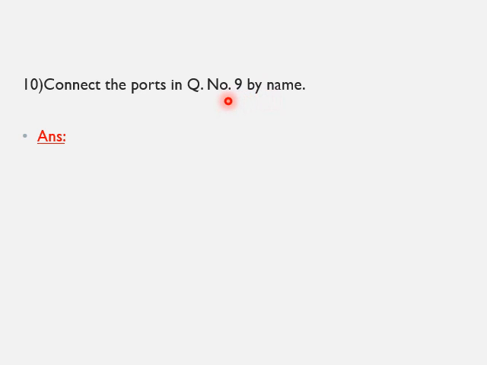In question number 9, we have connected by ordered list. So the answer here, I just write the instantiation line here. Shift register is the name of the module. Okay, then let the instance name be SR1.